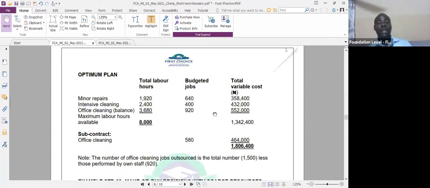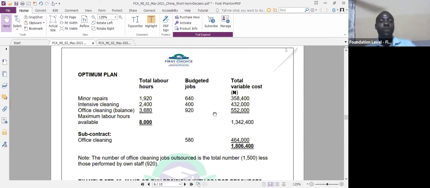So after determining how you are going to rank them, the optimal plan is to start with cleaning.